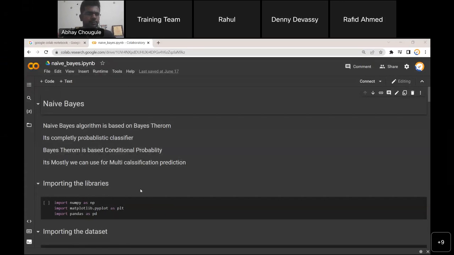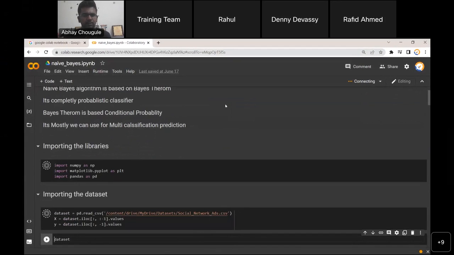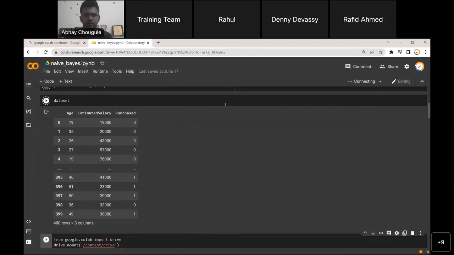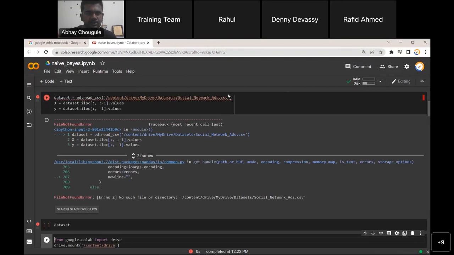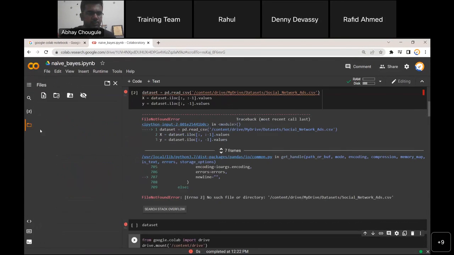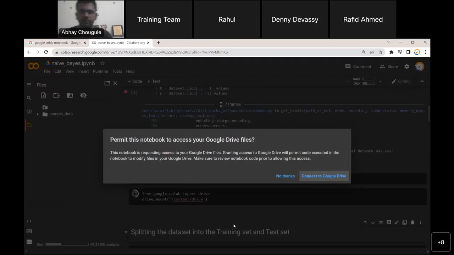See, I have mentioned the definition here. And I have taken the social network ads dataset, which is a binary classification example. First, we will go for the binary classification example, and then I'll give you a multi-classification example to run, for assignment purposes.